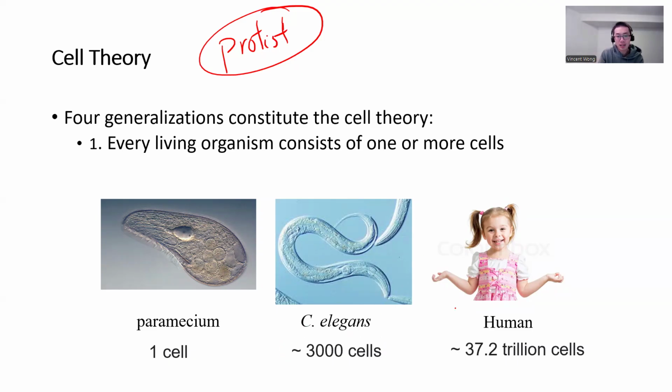Humans, we have trillions of cells, 37.2 trillion cells, probably more if you're bigger and fewer if you're smaller. But it's a lot of cells. Individually, each cell has its own dedicated job, but they all work cohesively for the well-being of the entire organism. So that's the first part of the cell theory.